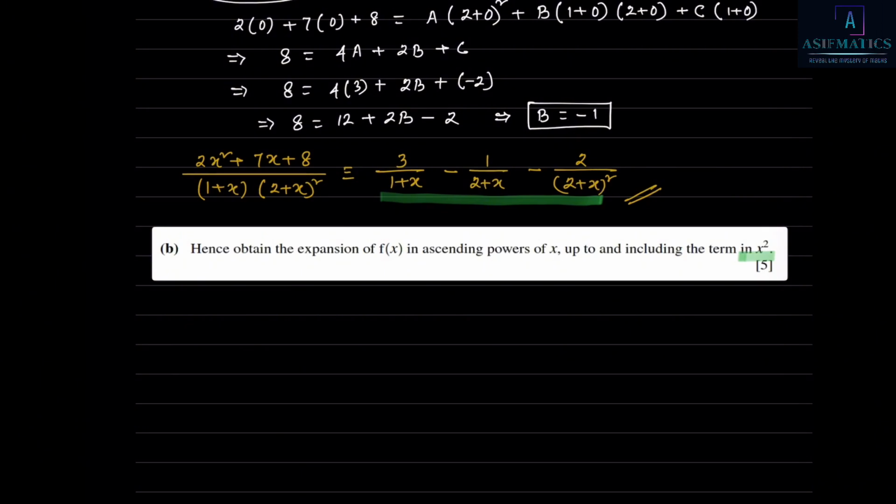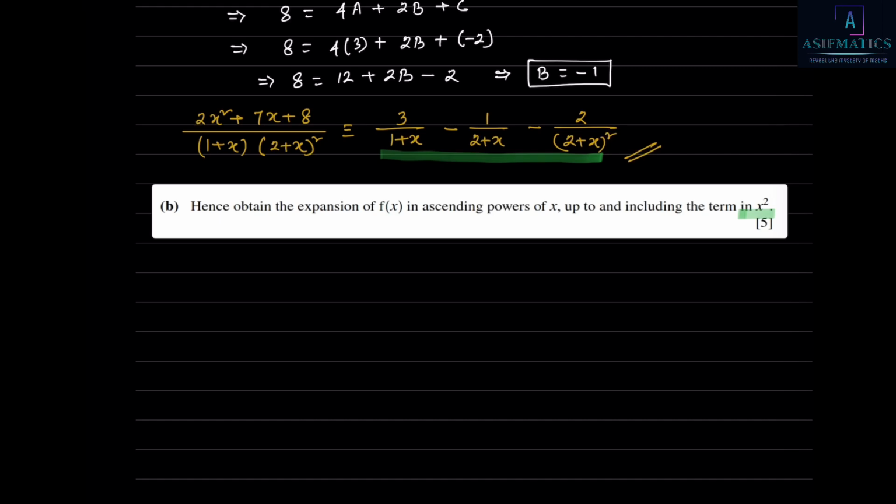And from here, now we can write this result for binomial expansion. So we can modify this a little bit. So we have 3 by 1 plus x minus 1 by 2 plus x minus 2 by 2 plus x whole square.